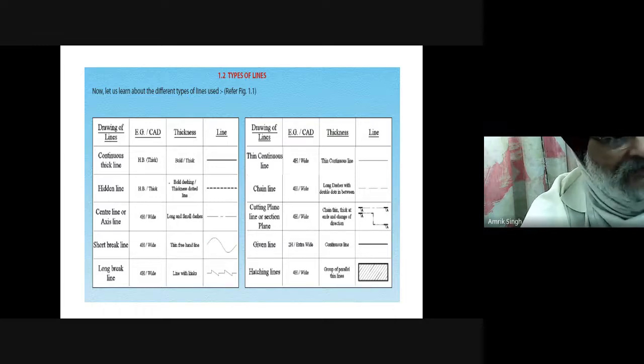Short break line. Suppose some part is there and say it is 40 meter long. I cannot draw 40 meter on a piece of paper, so I can draw it like this and say it is 40 meter.